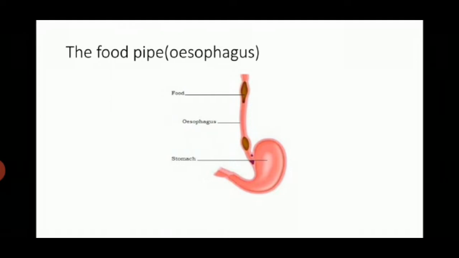The food pipe extends from the neck till the chest. Where it lies, you need to know that. Can you see that? The food is entering in the neck region, and this entire running tube is nothing but the food pipe. This is the esophagus. Afterwards the food pipe will end in a bag-like structure that you call a very important part of your body, that is the stomach.